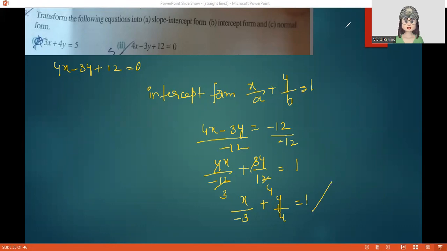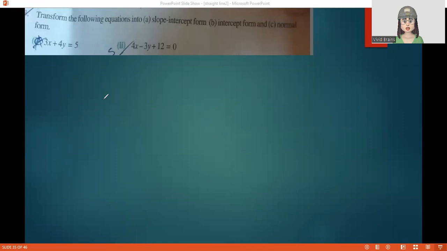Next, we do the normal form. What is the general normal form? Normal form is x cos alpha plus y sin alpha is equal to p, right?